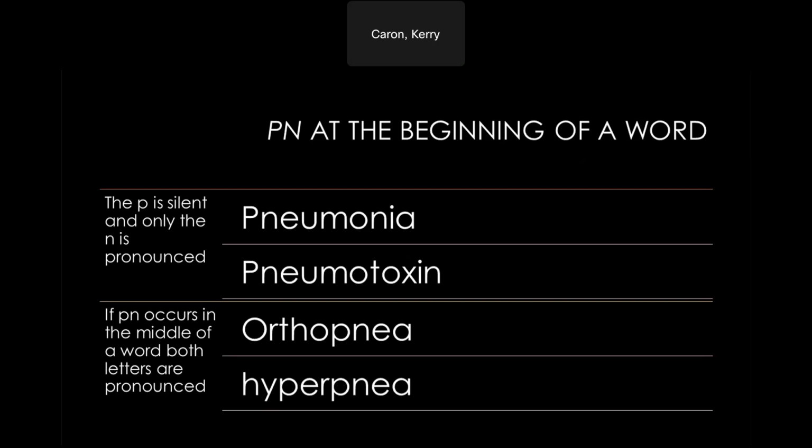But by the middle of the party, we're saying our name. So this is pronounced pneumonia, pneumotoxin. The P is silent. In the beginning of the party, we're shy, right? Then in the middle, with the PN right here, we are going to say it. So we say orthopnea, hyperpnea.